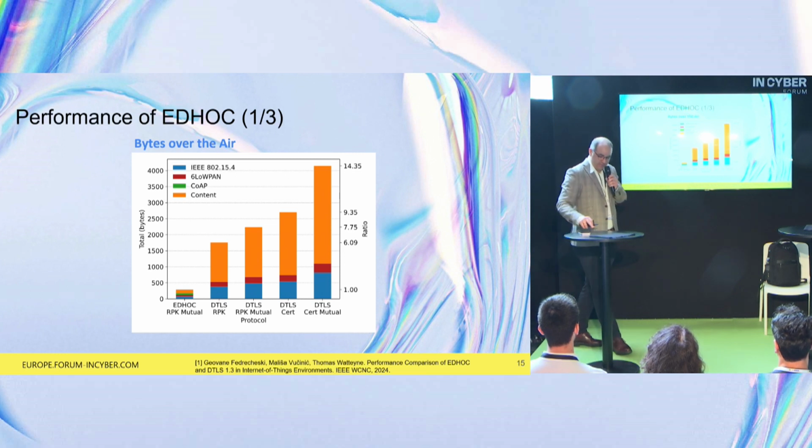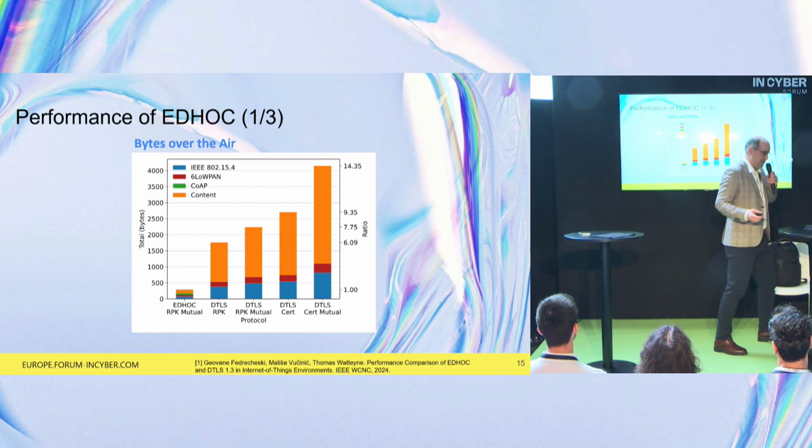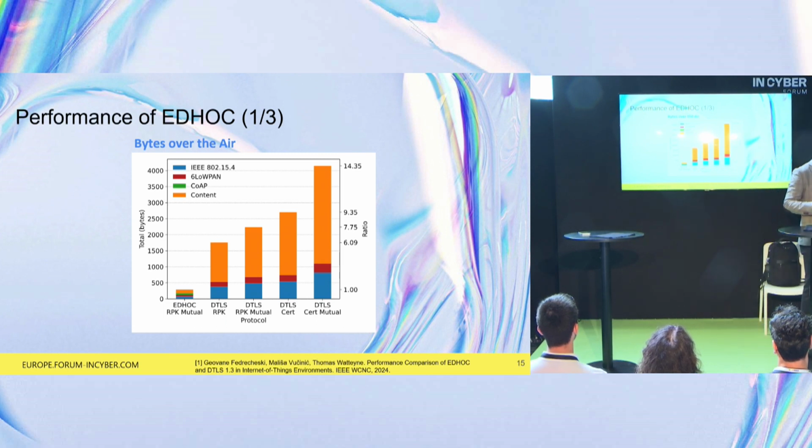Now I would like to talk about the actual performance of EDHOC, the initial reason why we started the whole standardization process of the protocol. On this slide, you can see how EDHOC performs when it is transported over a constrained radio technology called IEEE 802.15.4.